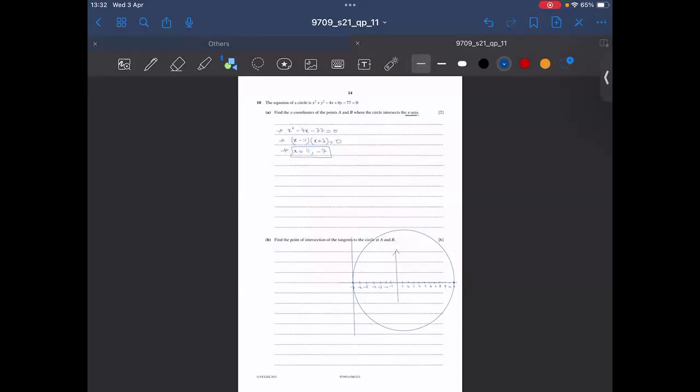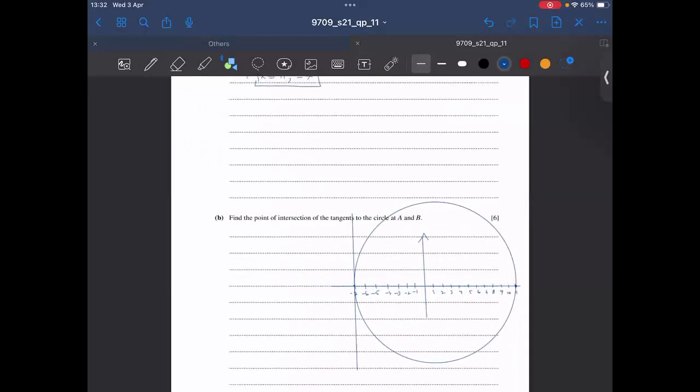Find the point of intersection of the tangents of the circle at A and B. Let me just shift this circle a little bit lower, like this.